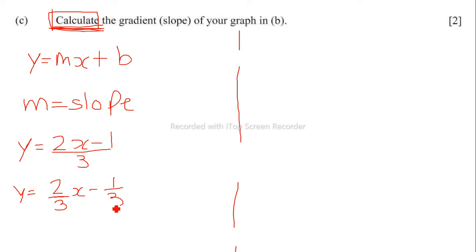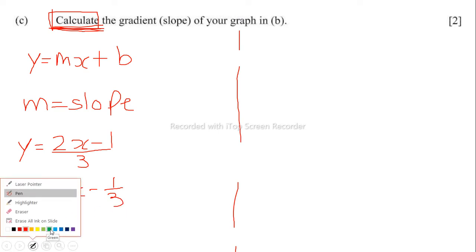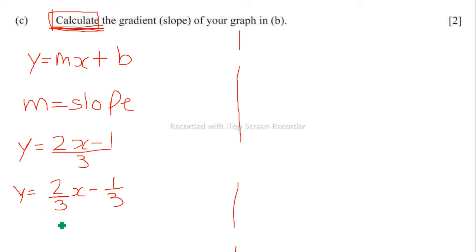When we have it like this, what is the slope and what is the y-intercept? The y-intercept is negative 1 over 3, and the slope is 2 over 3, which is the number in front of the x.